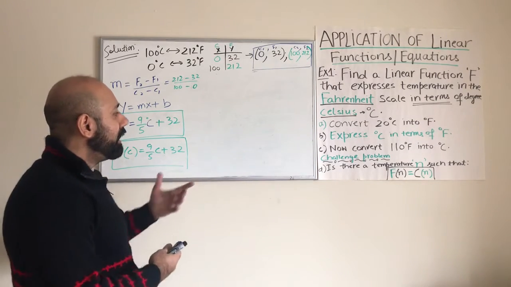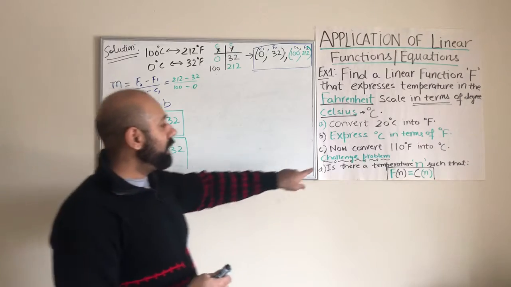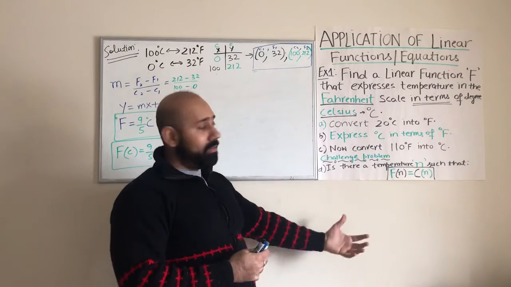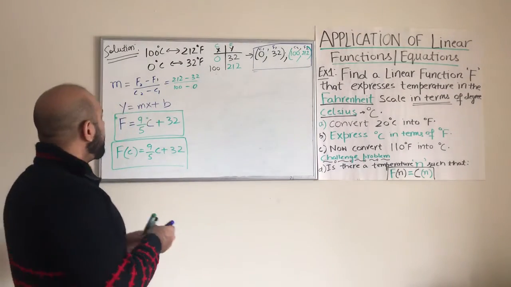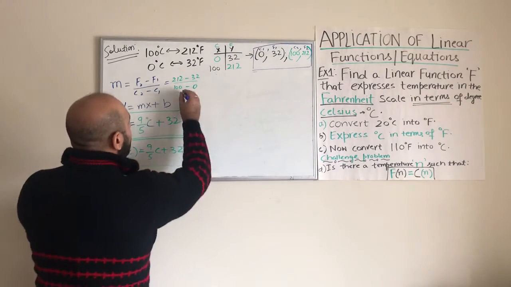Once we have the centigrade in terms of Fahrenheit, then we should be able to convert the degree Fahrenheit into degree centigrade.